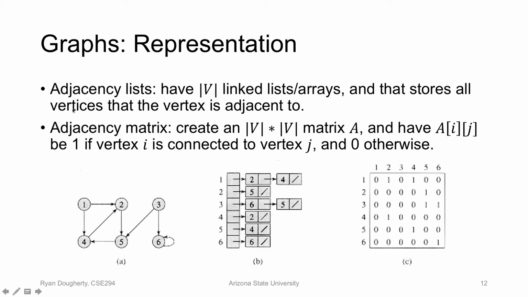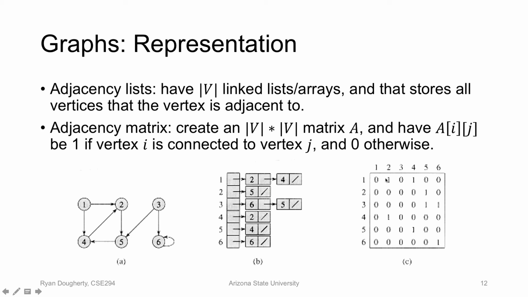In this graph right here, I have 6 vertices, so I'll have an adjacency matrix of size 6 by 6. The way that the matrix is structured is that the ijth entry, like right here, the first row, second column, will be 1 if the row vertex is connected to the column vertex.